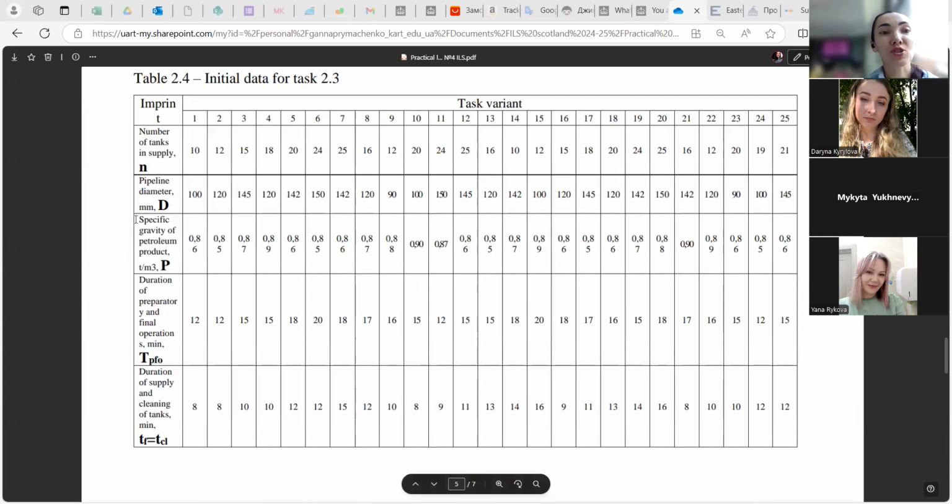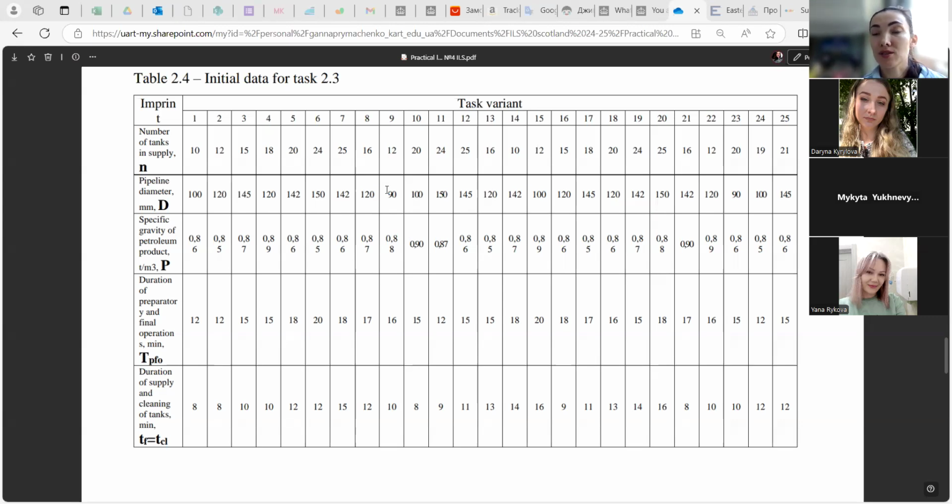So pipeline diameter is the second line in our table 2.4. For example, for first variant it is 100 millimeters. For second variant it is 120 millimeters, and so on. Please remember, but be very careful because it is in millimeters. We need to use it in meters.